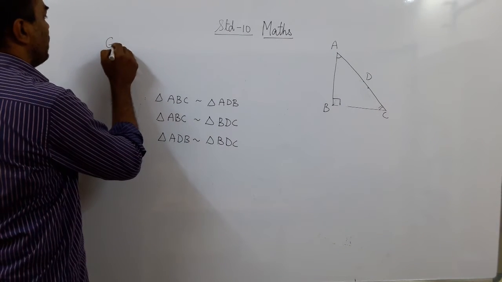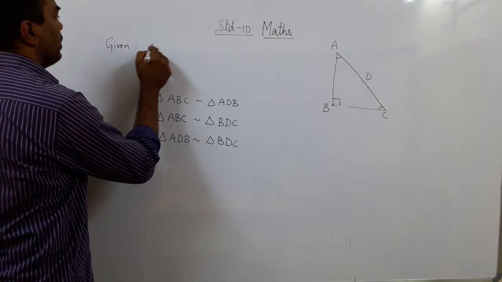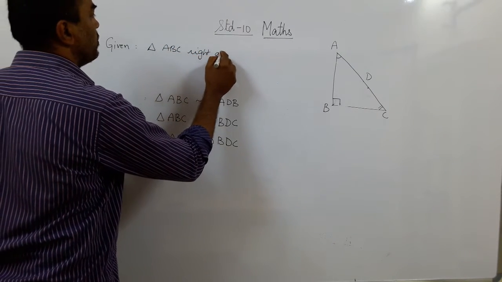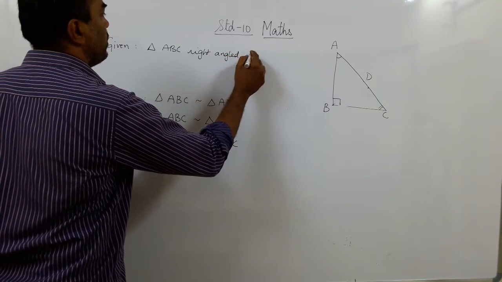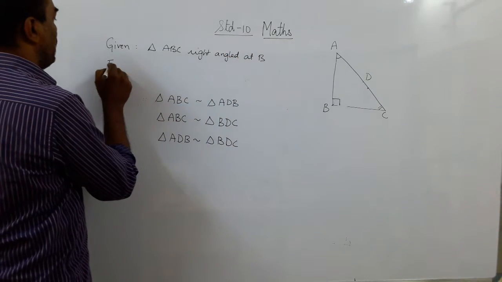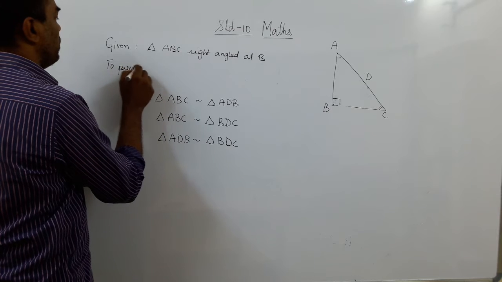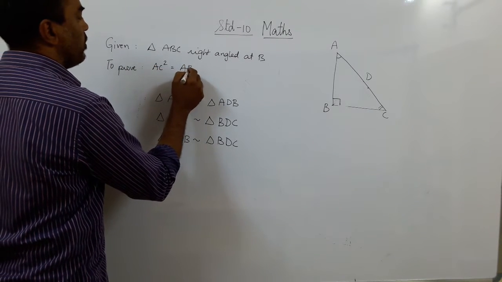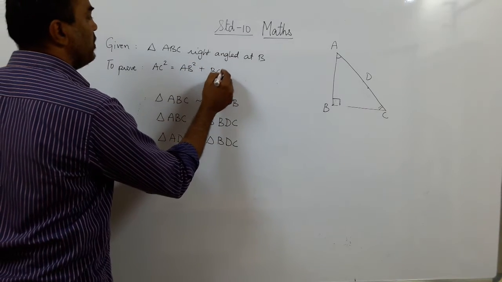So what are we given again? Triangle ABC, right angle at B. We have to prove that AC square equals AB square plus BC square.